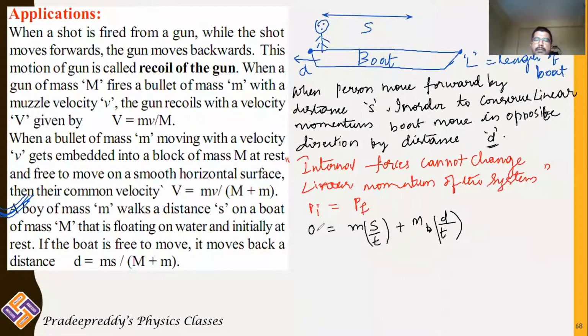So this is initial momentum, both are in the rest position. Final momentum is this, the final momentum of the person, and this term is for the boat. Now I write it as m into distance traveled by time taken is equal to minus capital M into distance traveled by time.